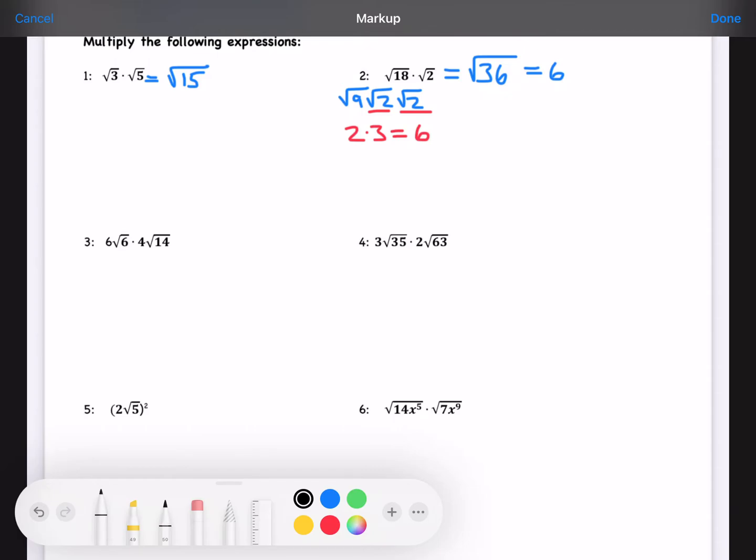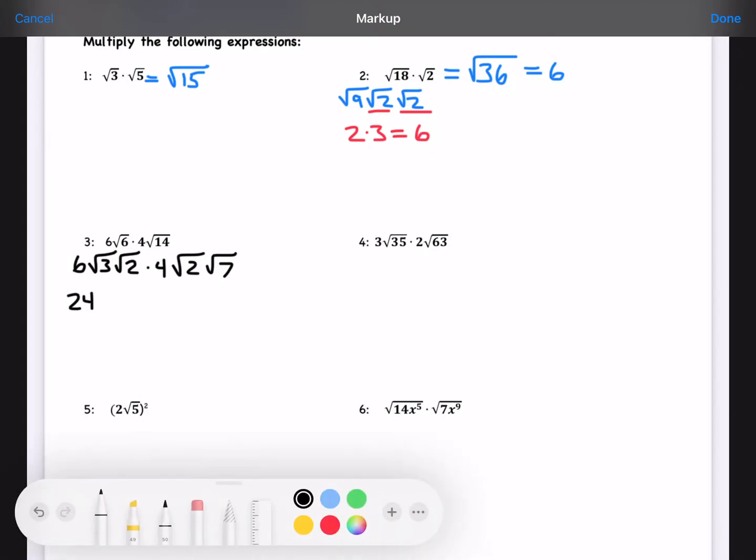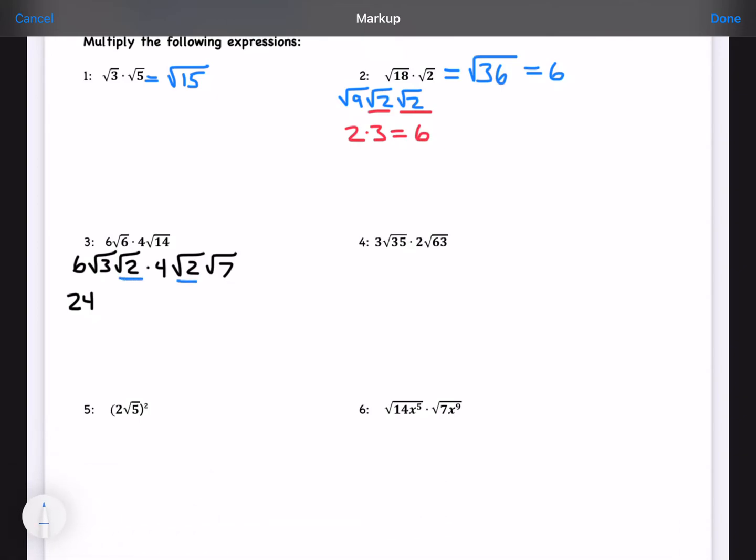So for this one, I'm just going to break down the square root of 6 and the square root of 14. So I'm going to have 6 times the square root of 3 times the square root of 2 times 4 times the square root of 2 times the square root of 7. So I'm going to have 6 times 4, so I know I have 24 because those are the whole numbers out front. Now I have a pair of 2's.